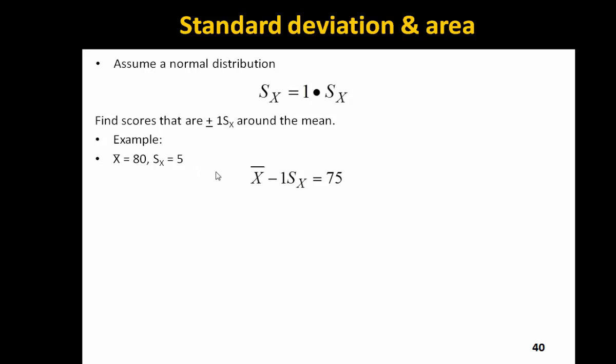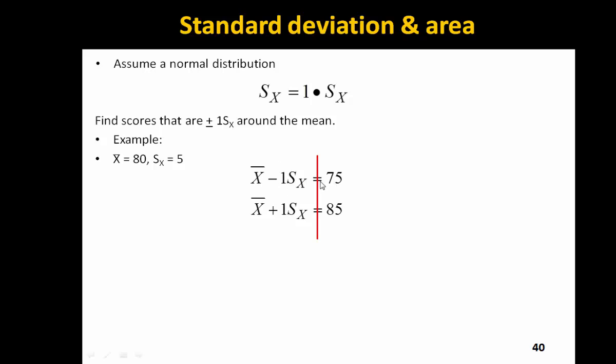We just apply the equation where we take the average, x bar, and subtract 1 standard deviation unit, and that gives us 75 on the lower end, and we add the same standard deviation to the average, giving us the upper limit of the standard deviation. Now if we draw a vertical line through the equal signs, we see that we have a left-hand side and a right-hand side to these equations.